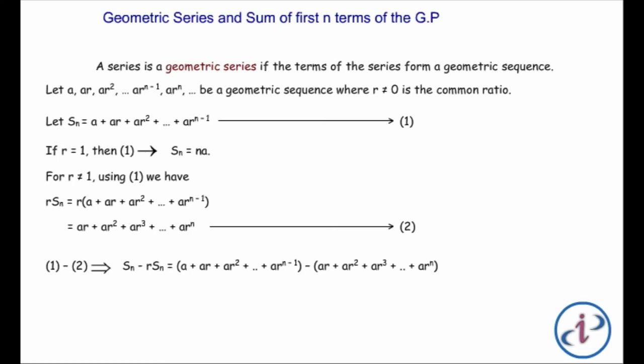On simplification, we get Sn times 1 minus r is equal to a minus ar to the power of n, which is equal to a times 1 minus r to the power of n.